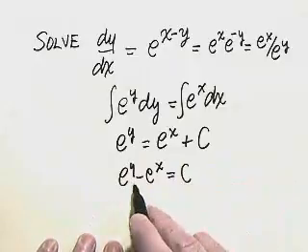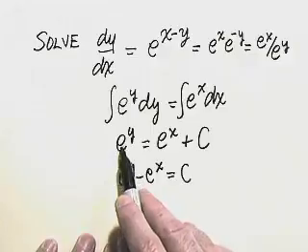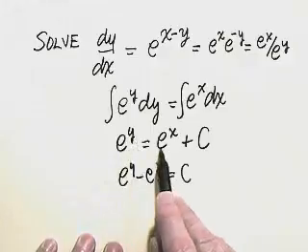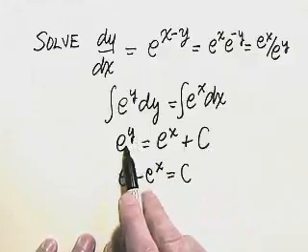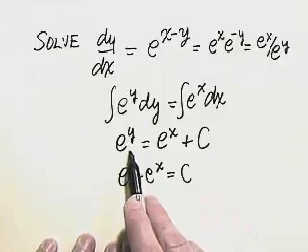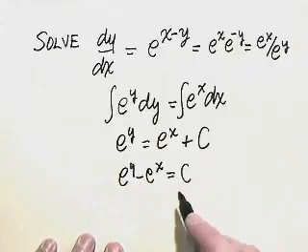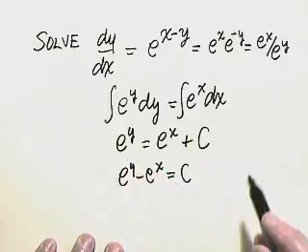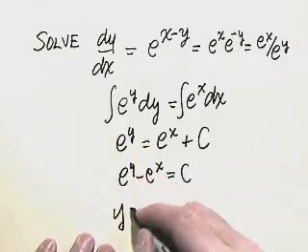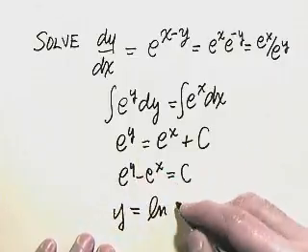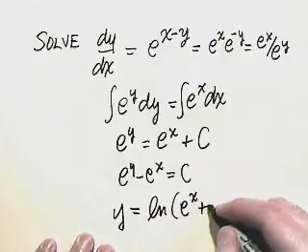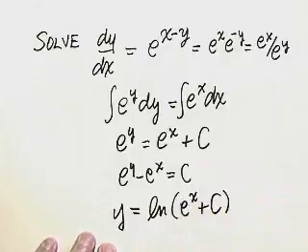If you wanted to isolate y here, notice e to the y being equal to e to the x plus c. To solve for y, you just take the natural logarithm of both sides of the equation, and the natural log of e to the y is y, and so we get y equals natural log of e to the x plus the constant of integration.